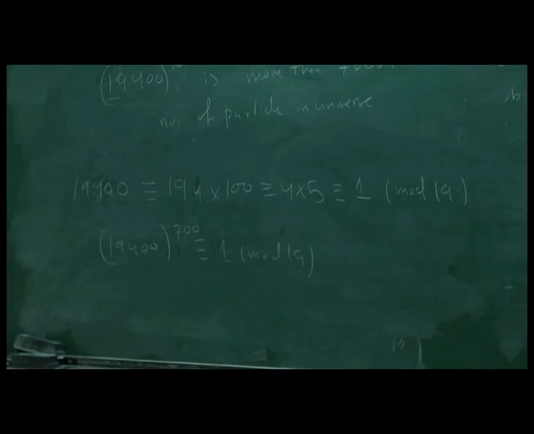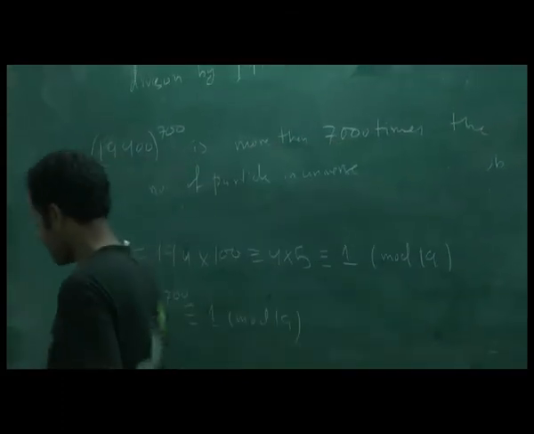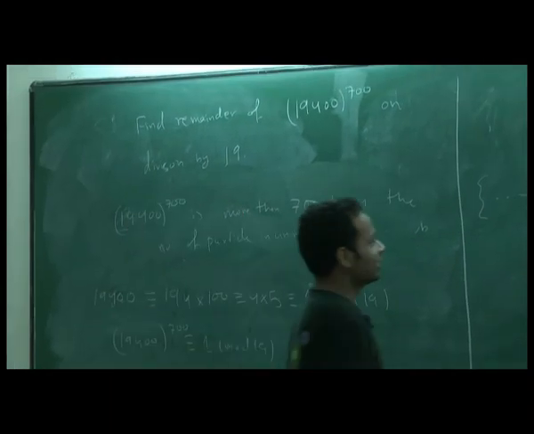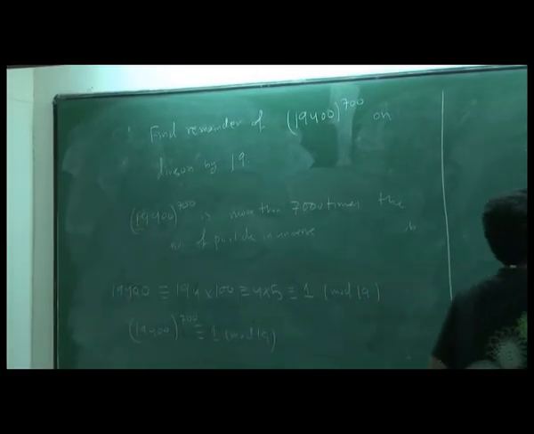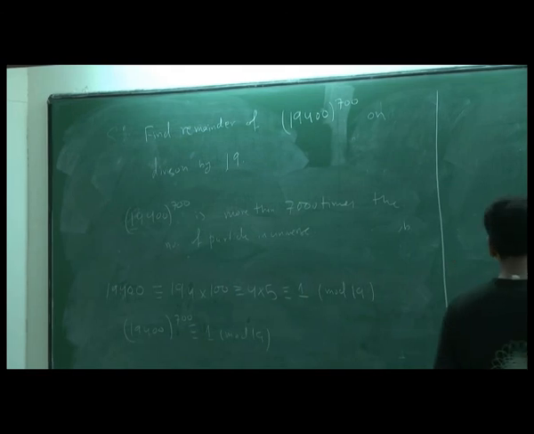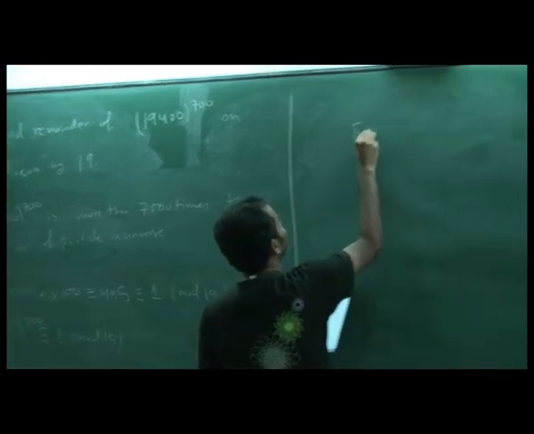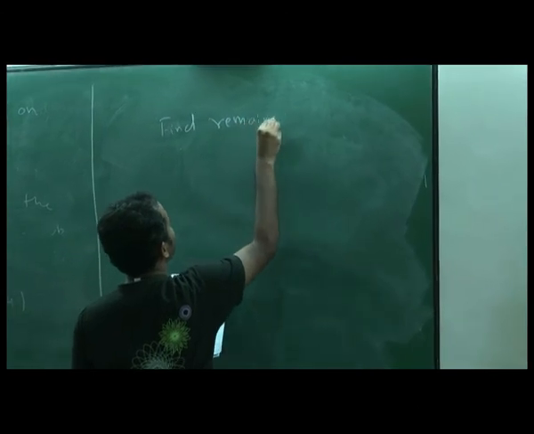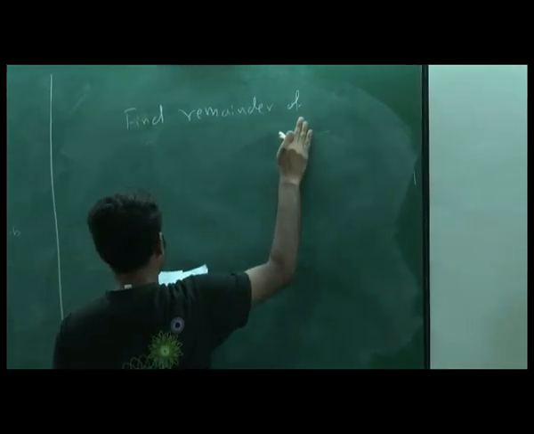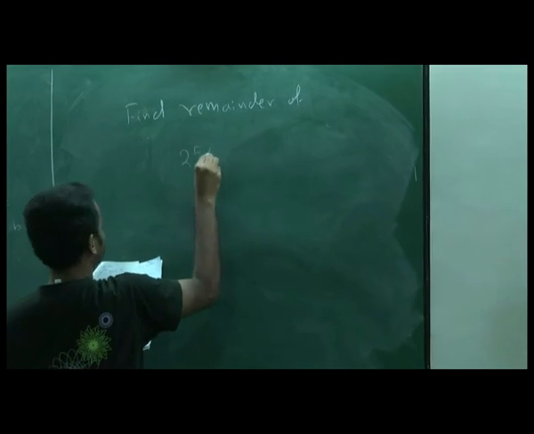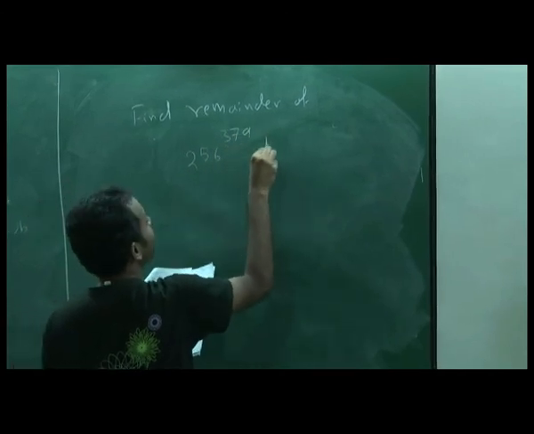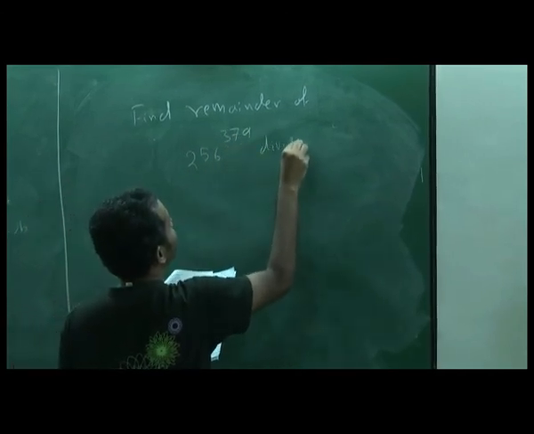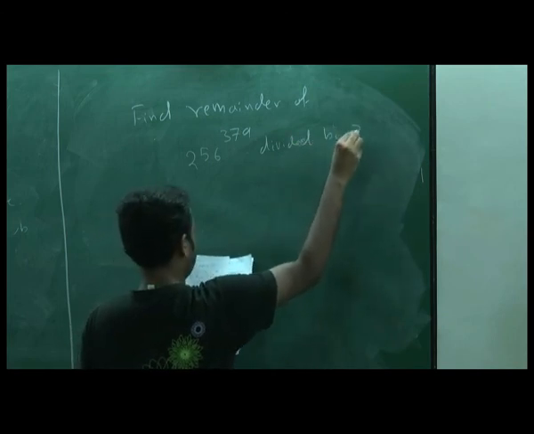So the practice exercise is: find the remainder or residue, whatever, of 256 power 379 divided by 31.